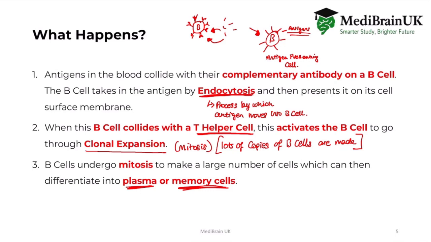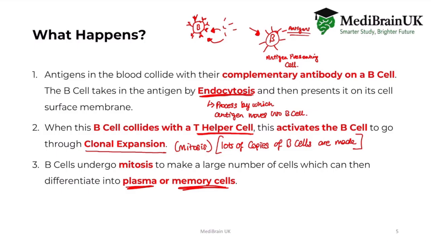Okay, and that's basically your humoral response. It's much shorter than your cell-mediated response, but in your humoral response, you've got your B cells. They become antigen presenting cells by taking in the antigens from the pathogen and presenting them on their surface. The B cell is then activated by a T helper cell, and that stimulates the B cell to undergo mitosis and clonal expansion.